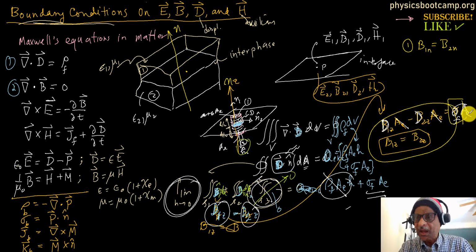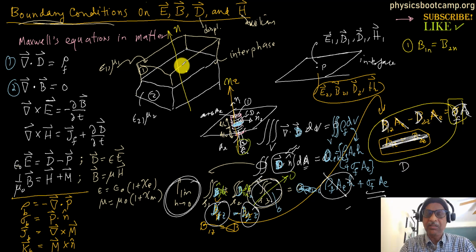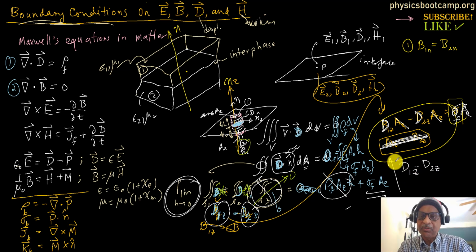Now AE cancels out, so the D's are not the same if there is surface charge right at the boundary. D1z minus D2z, and here the normal is going from 2 towards 1, is equal to sigma f.